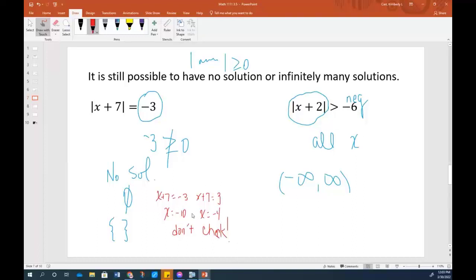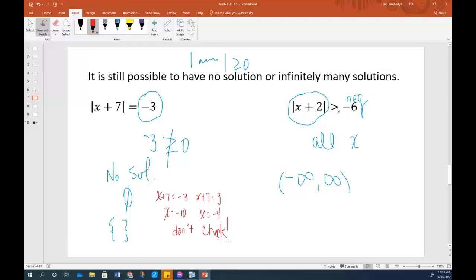It is okay to have a negative number for x, but when you plug it in, it's not okay for that absolute value to equal a negative. Now, on the other hand, even though I see a negative here, all absolute values are bigger than a negative. So these all work.